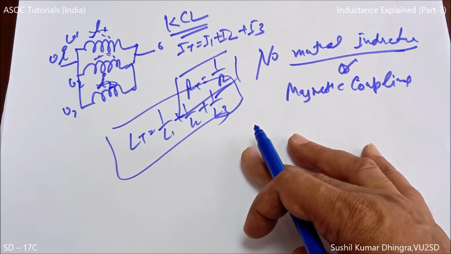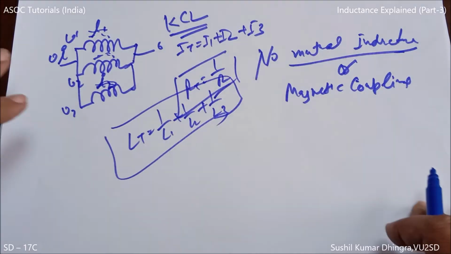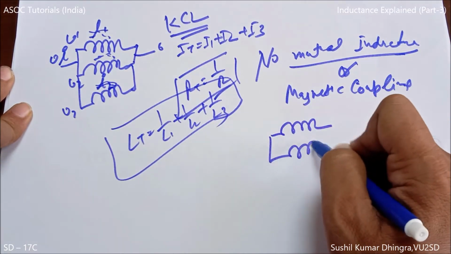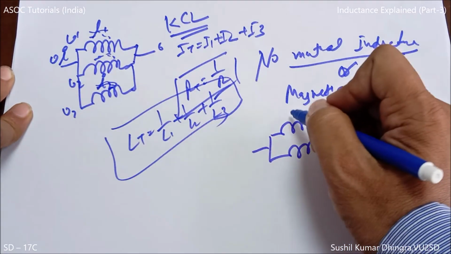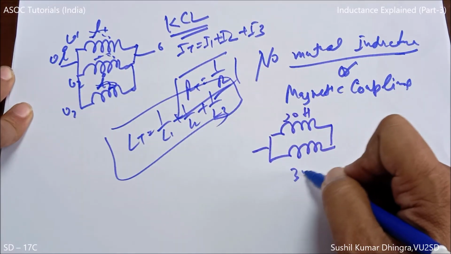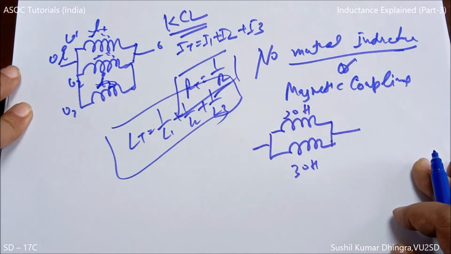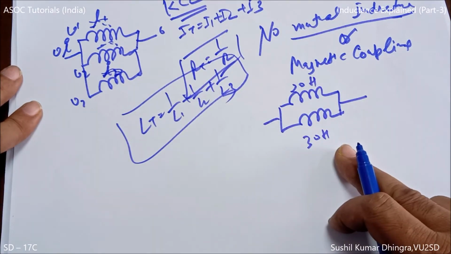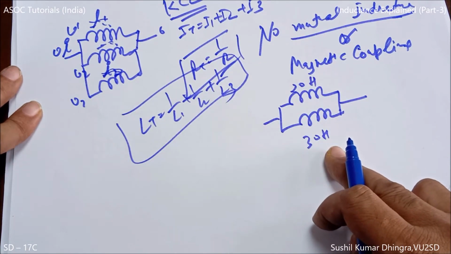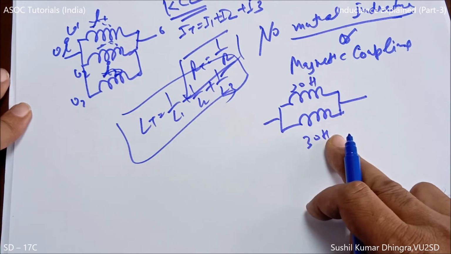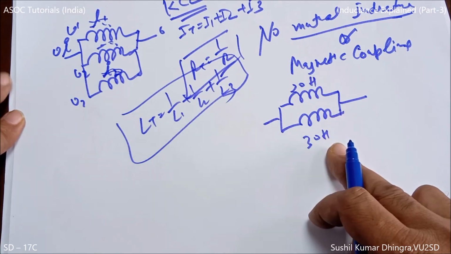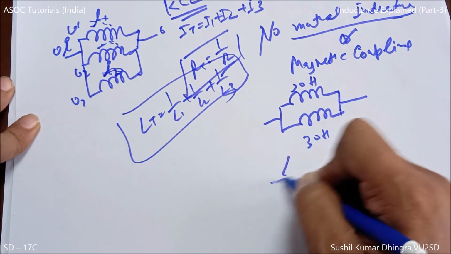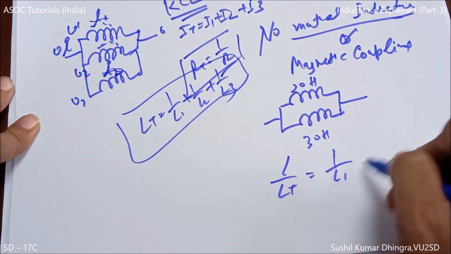Here I am giving a very simple example. If a circuit has two inductors, just see the diagram. One is 20 Henry, second is 30 Henry. Now you have to calculate the total, and they are in parallel. We discussed the series formula; now in the parallel case, 1 by LT is equal to 1 by L1 plus 1 by L2.